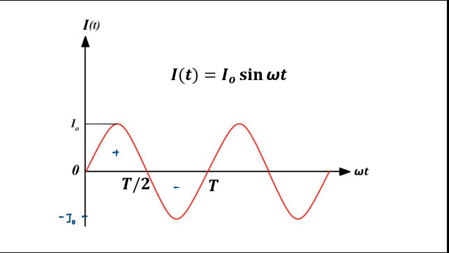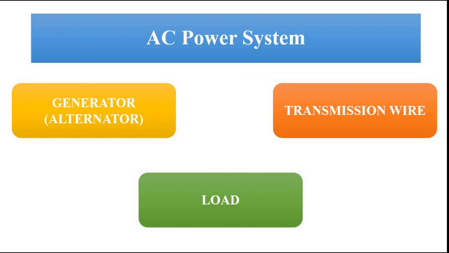So now the AC power system can be broken down into three basic elements. There are a lot of things to it, but to simplify it, we can break it down into three main elements. First, the one responsible for generation of the power, the voltage in AC form, which is the AC generator or alternator.